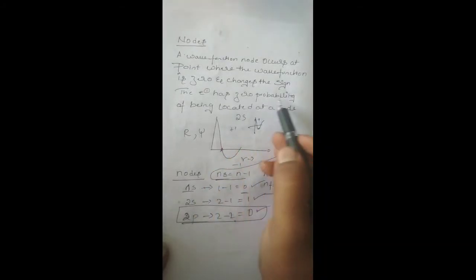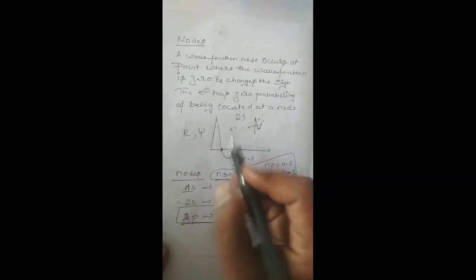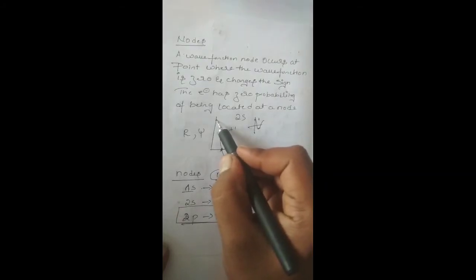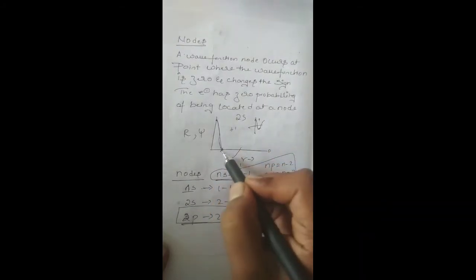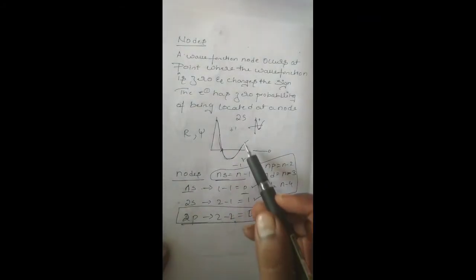The electron has zero probability of being located at the node. It begins here, comes here, and starts again. This is the node.